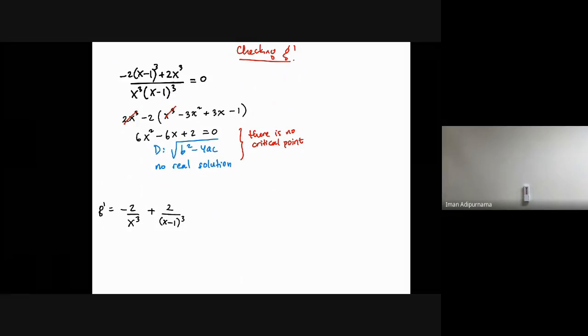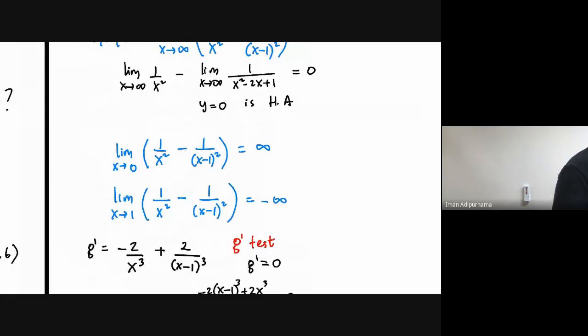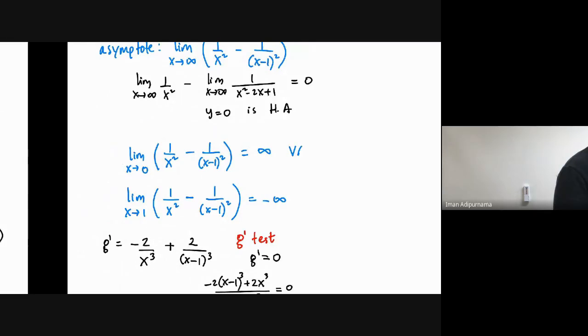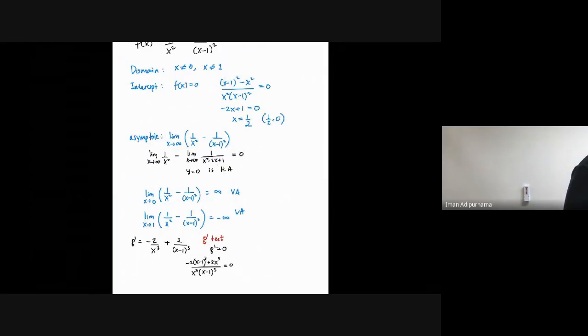So the easiest way to check your first derivative, okay? You have these two vertical asymptotes at 0 and 1. That's the easiest point that you can check. Of course, x should not be 0 and 1, but we need to check numbers nearby that point, right?